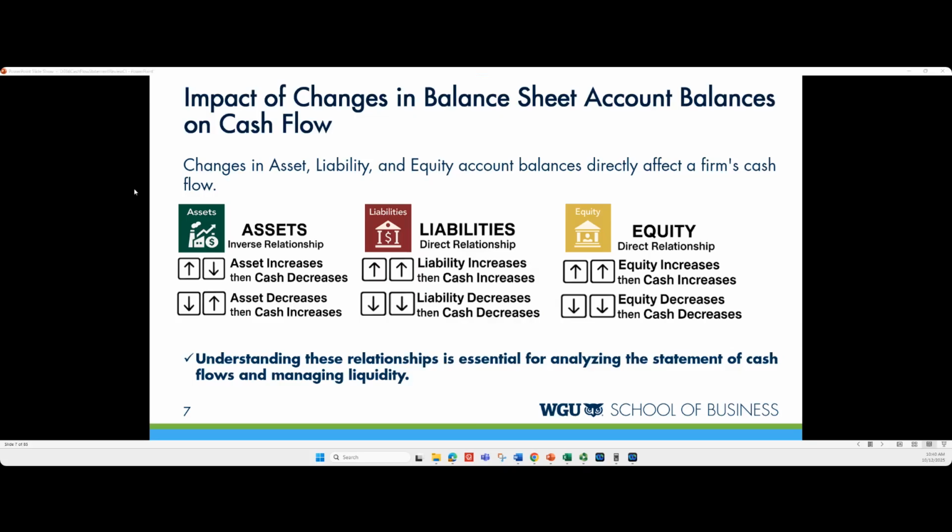Well, now I have this Peloton bike. It's an asset on my personal balance sheet. Now I have this asset worth $200. But my cash has gone down $200 because I had to pay the homeowner to buy that asset. Cash is going to decrease even though my personal assets had increased. Does that make sense to everybody?